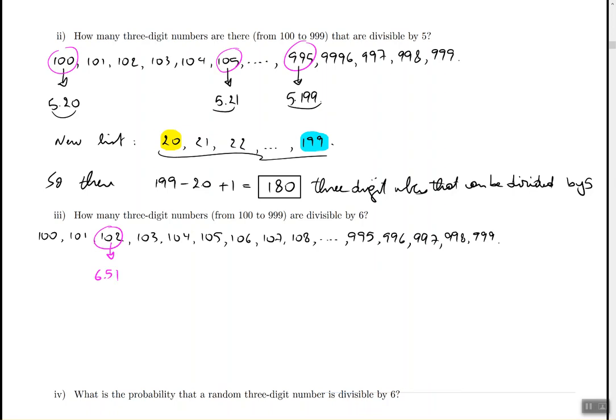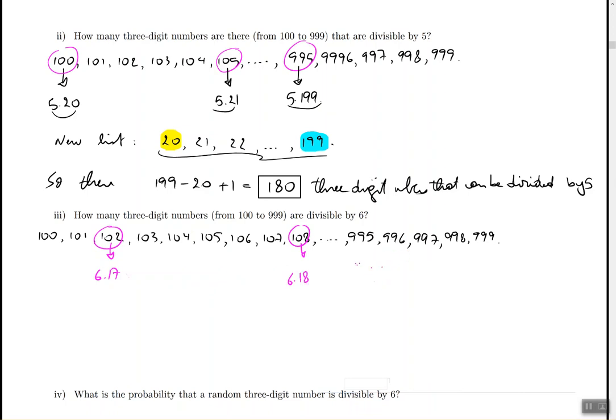By the way, 6 times 51 is going to be 102. Okay, I apologize, I said 51, it's not 51. It's actually 17. And 108 divided by 6 is going to be 18, and so on.